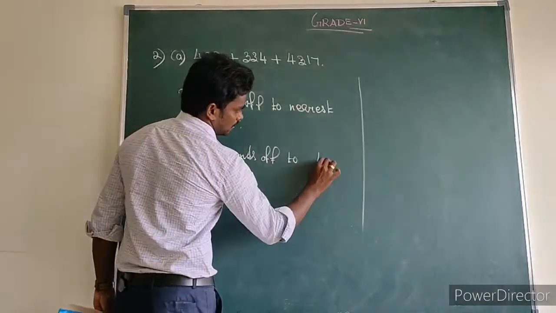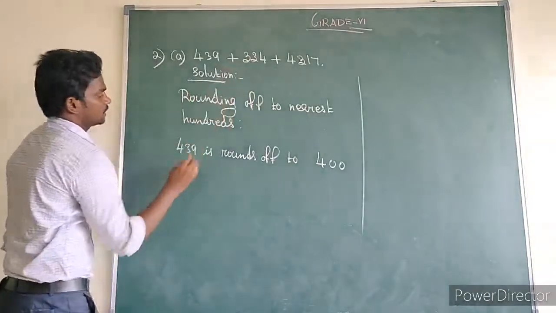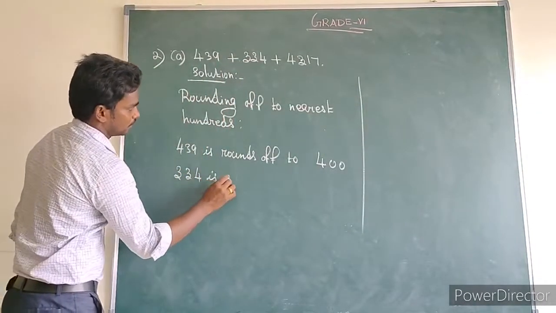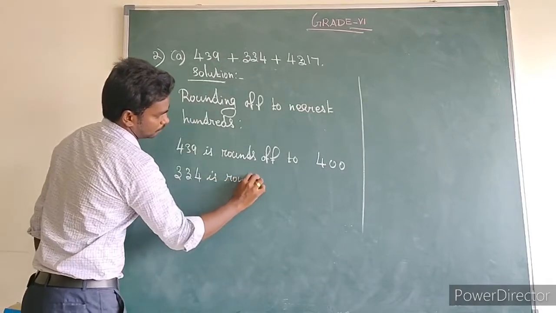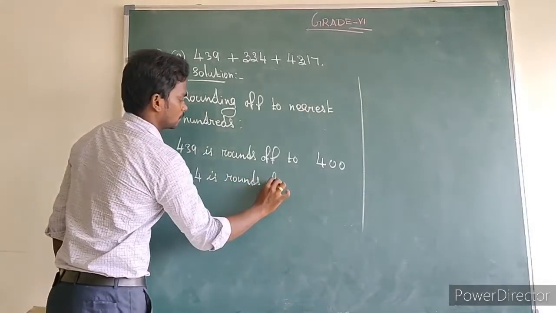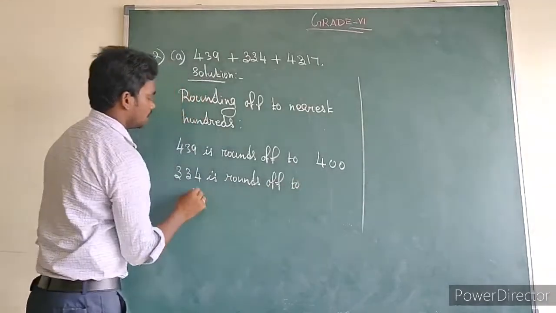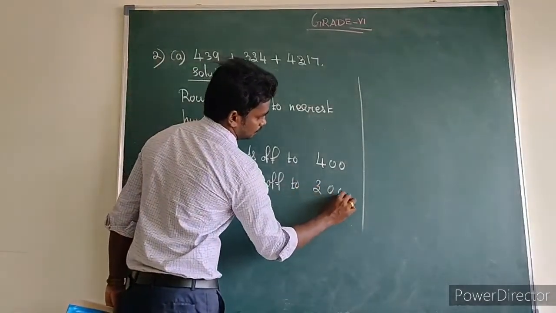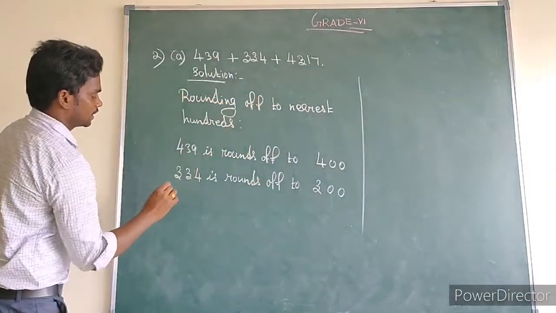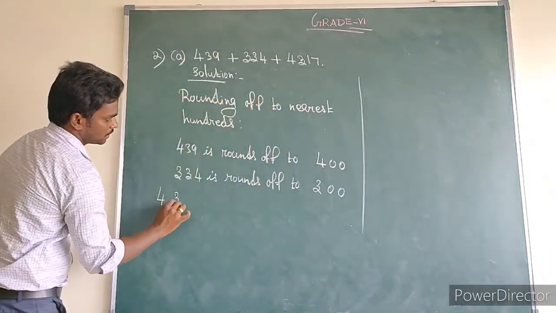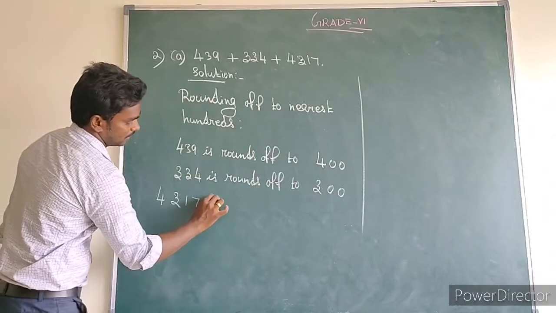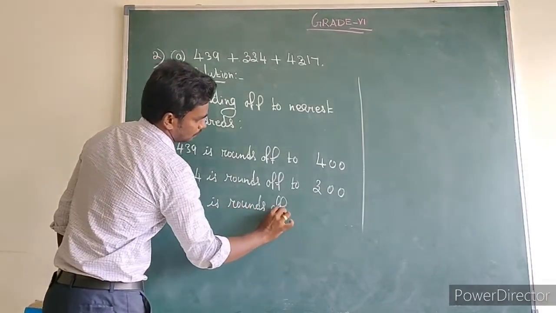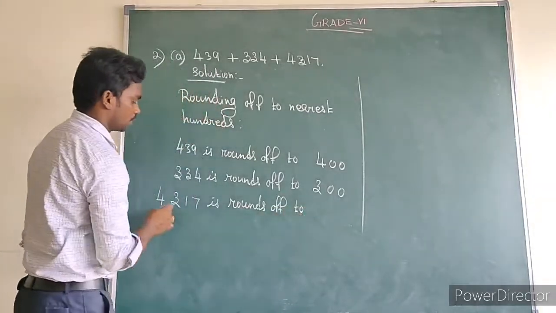That is 400. Next, 334 rounds up to what? 334 is nearest to 300. Next, 4,317 rounds up to 4,300.